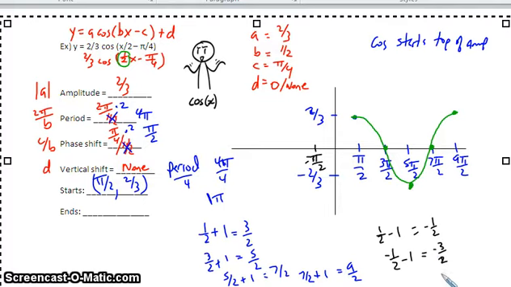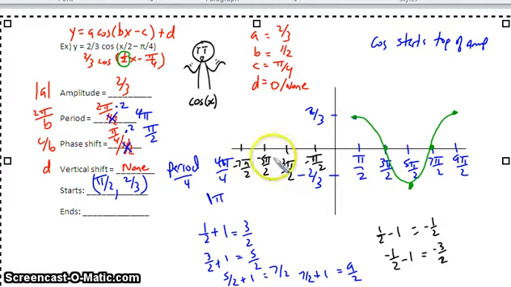So what I'm noticing here is that it looks like my pattern is going to just repeat going backwards. That's not always going to be the case, so I would still recommend trying to solve these out to get your answer. But for this one, that is the case. The next one would be negative 5 pi over 2, and the next one would be negative 7 pi over 2. And then I'd stop there because I've got my 4 numbers.